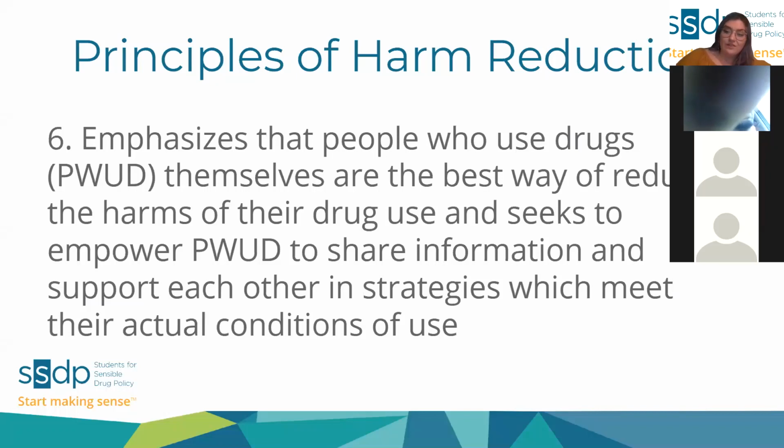So that's a bit of a mouthful, but what we're saying here is that people who use drugs tend to trust other people who use drugs. Understandably enough, you would trust your peers before you trust anyone else, particularly if you are from a marginalized community like people who use drugs.